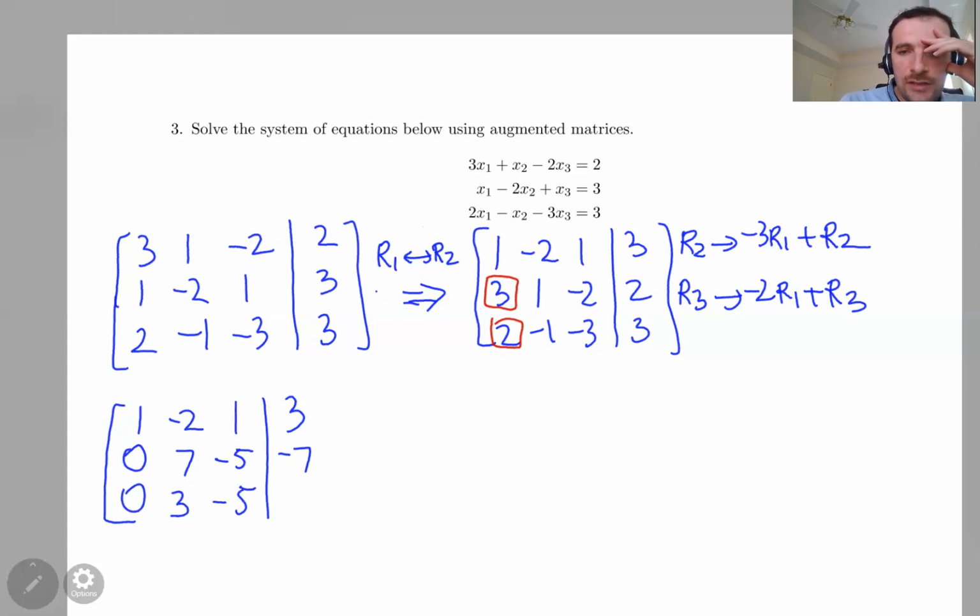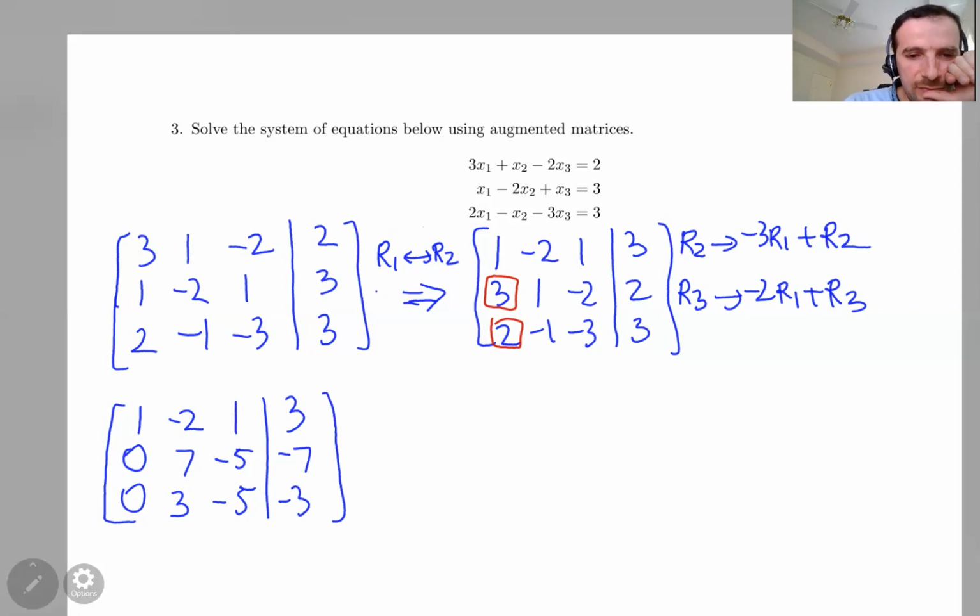And -2 times 3 is -6, plus 3 is -3. Okay. All right, so I could successfully get zeros here.